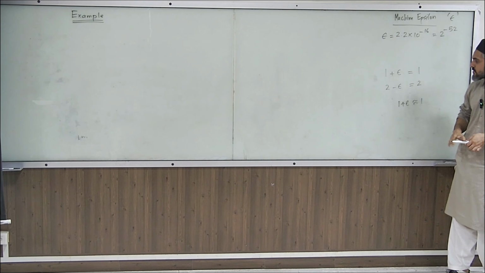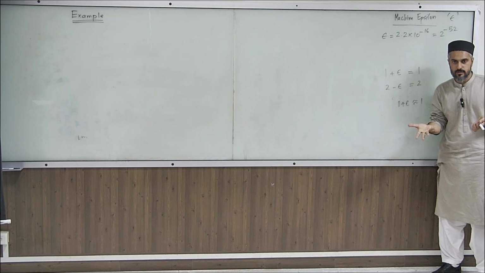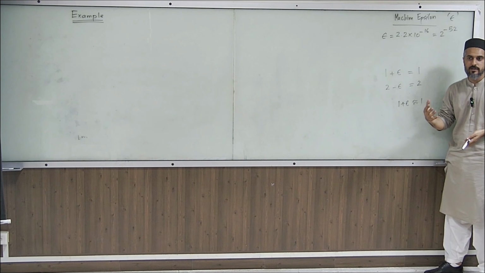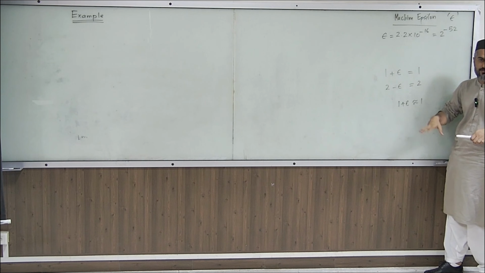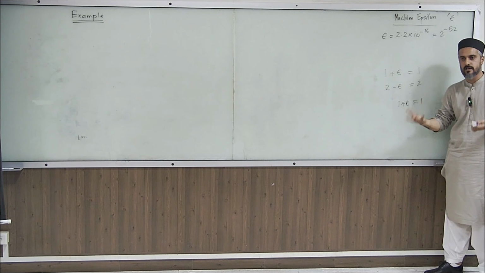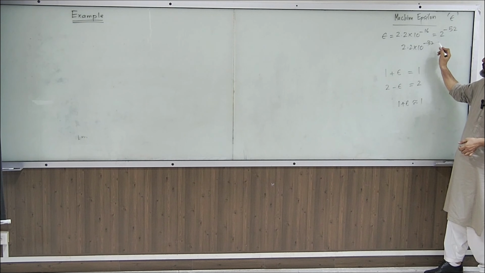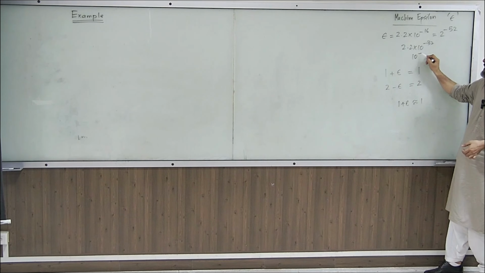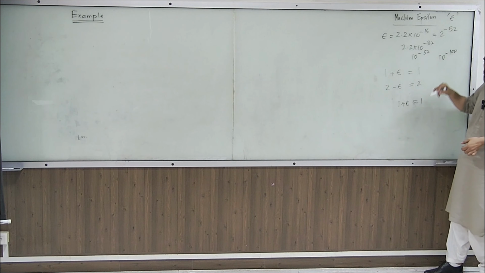So when you write this on your calculator, it will give you the answer 1. But if you ask a mathematician what this number is, they will say it's not 1. If you say this is epsilon, it is greater than 1, because we can find a number which is obviously less than this number, for example 2.2 times 10 to the power minus 32, 10 to the power minus 52, 10 to the power minus 100.